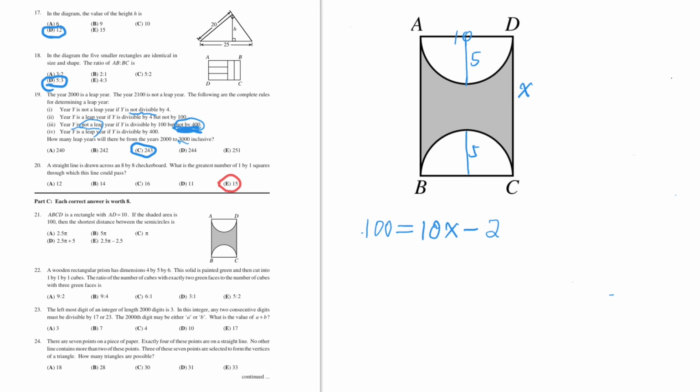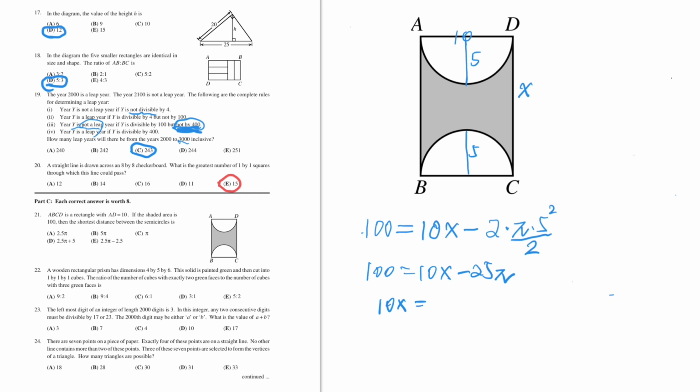We use the area of a circle, pi r squared, that's pi times 5 squared, and then divided by 2. That's 1 semicircle, times 2, that's the 2 semicircles. So 100 equals 10x minus 25 pi.